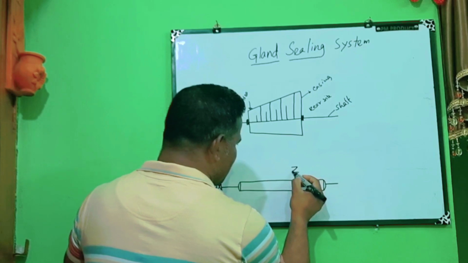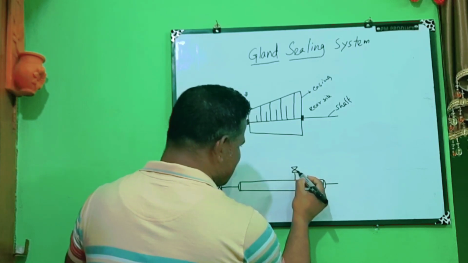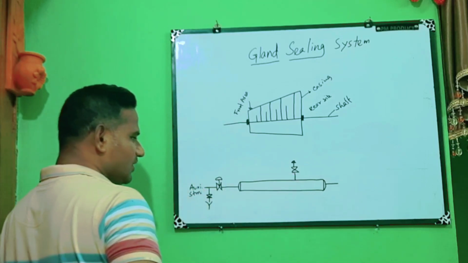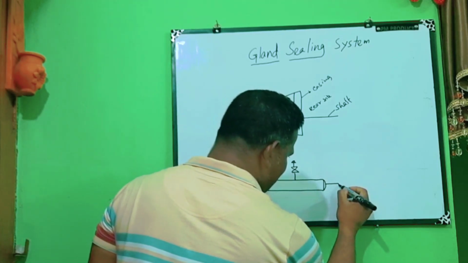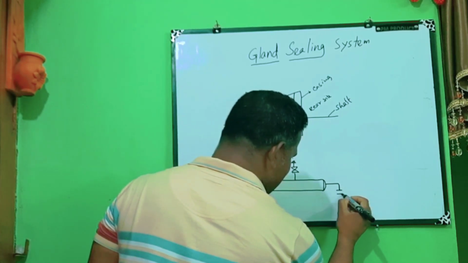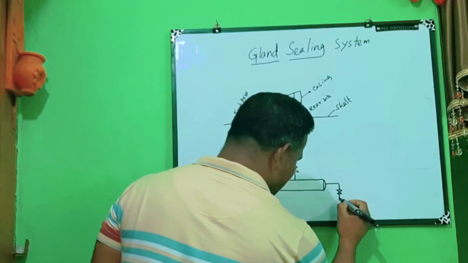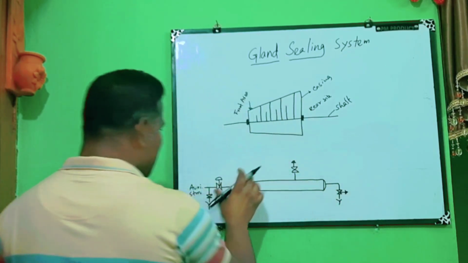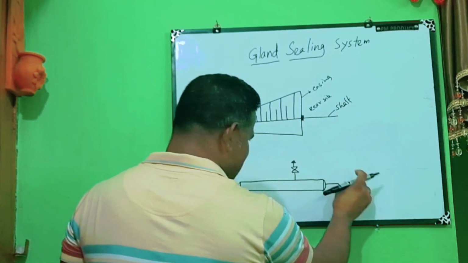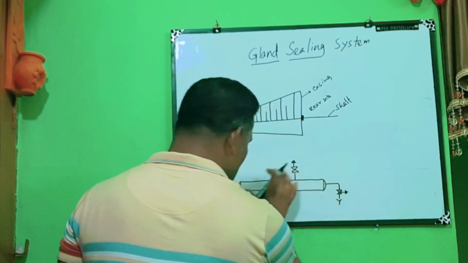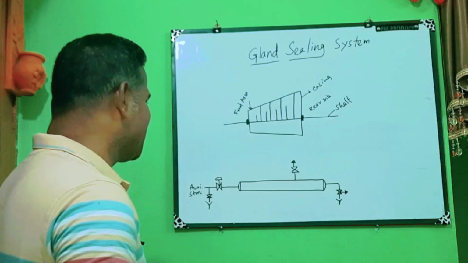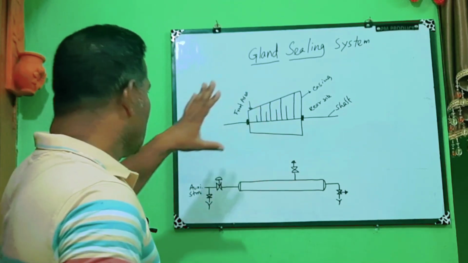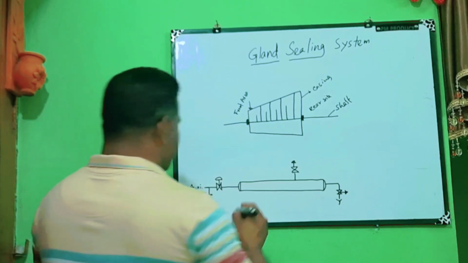If the pressure increases more on this side, this safety valve will open and control the pressure, and one dumping valve is also available on the auxiliary steam header. If there is more pressure on the header, this valve will open and control the header pressure. In this way the auxiliary header controls the auxiliary steam header pressure.